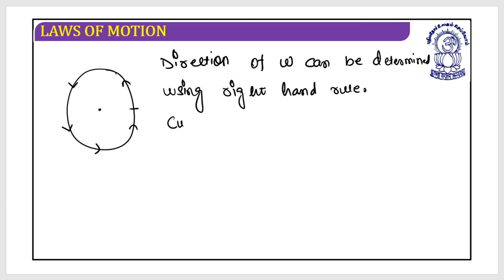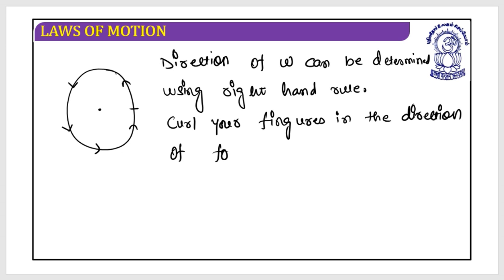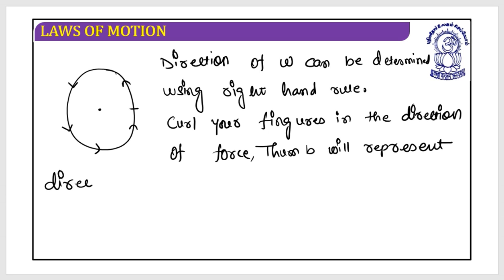So curl your fingers in the direction of motion, then the thumb will represent the direction of omega.